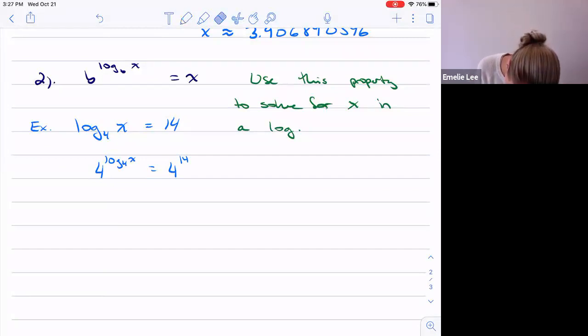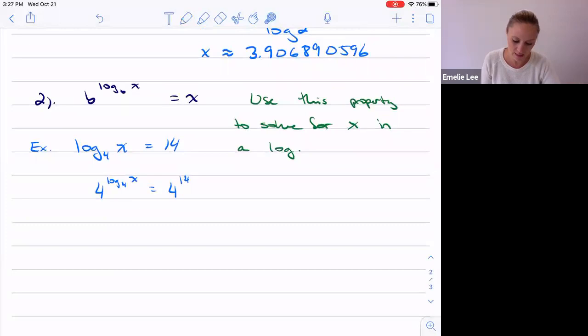For some reason, my log looks a little wishy-washy here, so log base 4 of x. Okay. So again, we've got this cancellation property. We've got 4 to the power of log base 4 of x.